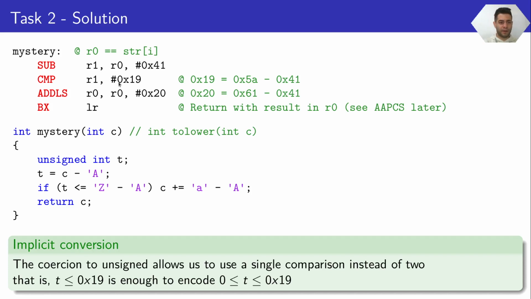The ARM code is super easy: with R0 we subtract the value of uppercase A, we compare it with this offset that is a fixed offset, and if this comparison is LS, lower or same, we add the 0x20 and we return.